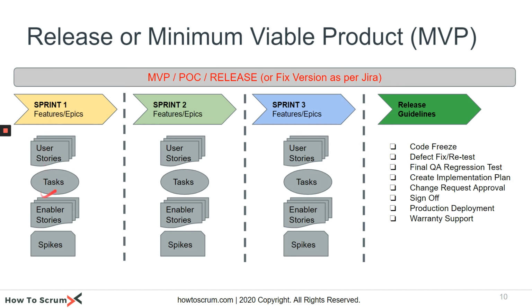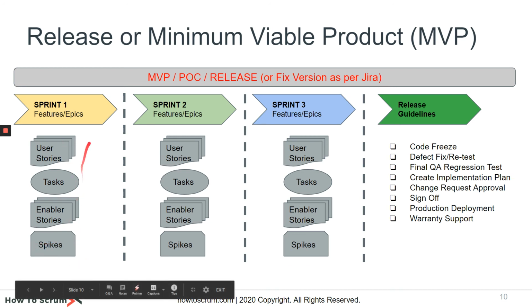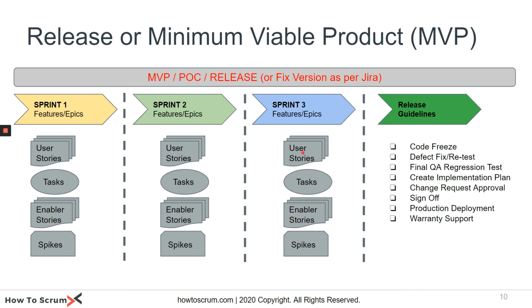After every sprint, which consists of stories, tasks, enabler stories, which will help the stories to be completed, and spikes, we talked about that, you can have all of them put together on a shelf after every sprint. And when the team is ready to have a release or a minimum viable product, MVP, they want to make sure the code gets frozen, there are no defects, and there has been a final regression testing.